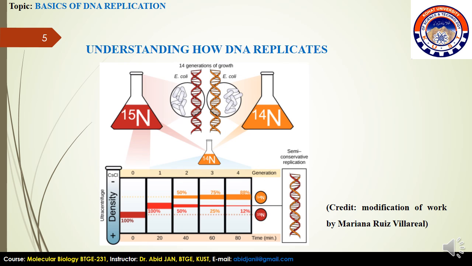Understanding how DNA replicates. Meselson and Stahl were interested in understanding how DNA replicates. They grew E. coli for several generations in a medium containing a heavy isotope of nitrogen, 15N, which gets incorporated into nitrogenous bases and eventually into the DNA.